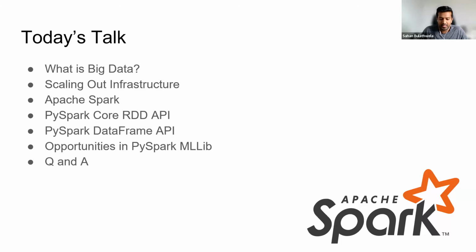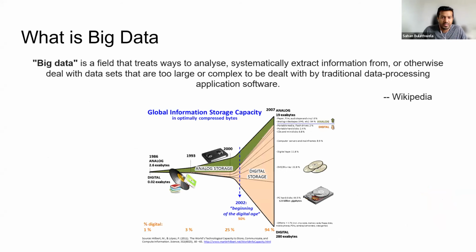I'm going to spend some time explaining the core ideas behind Apache Spark and how the programming paradigm changes from the conventional type of programming that we do in Python. Then we go into the extensions of Apache Spark, like the DataFrame API. Some of you who are in data already might know about Pandas DataFrames. The big data equivalent of that in Apache Spark is the DataFrame API. Then we will see how we can use these data frames to do large-scale machine learning in cases where your data does not fit in a conventional computing system. And finally, we will have some time for questions and answers.